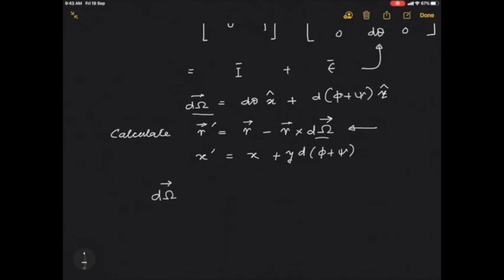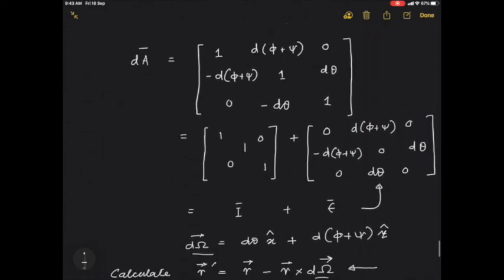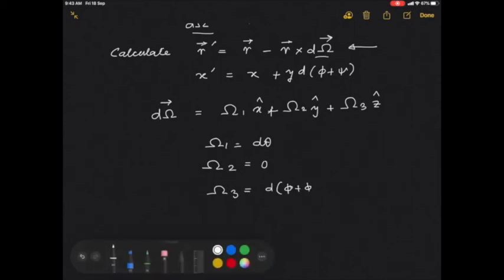So the epsilon matrix is this, which also tells you that for this d omega, if I write it in terms of three components, omega 1 x cap plus omega 2 y cap plus omega 3 z cap, then omega 1 is d theta, omega 2 is 0, and omega 3 is d of phi plus psi.